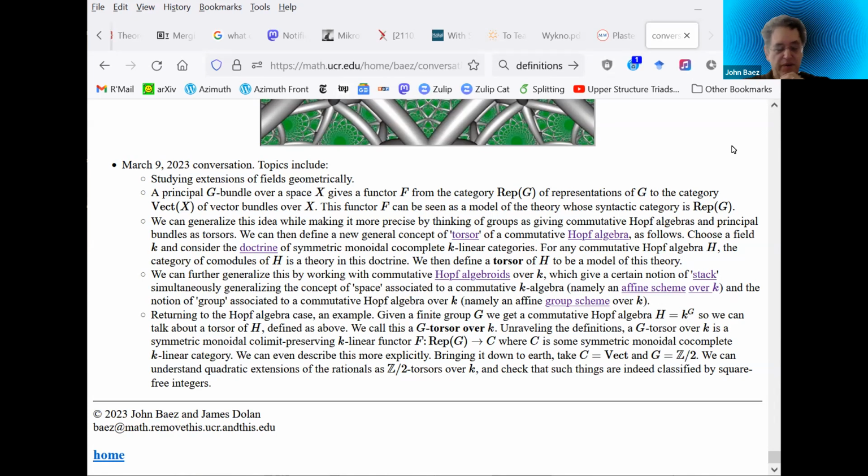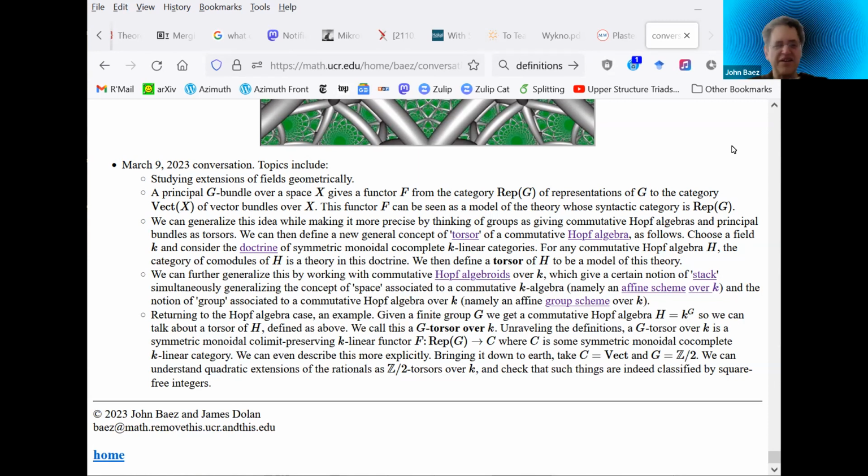So you can think of a principal G bundle over some space X as giving a functor F from the category Rep G of representations of G to the category, for example, Vect X of vector bundles over X. And what that is, you form the associated bundle of any representation. I really like that buzzword, associated. So add that in there somewhere.